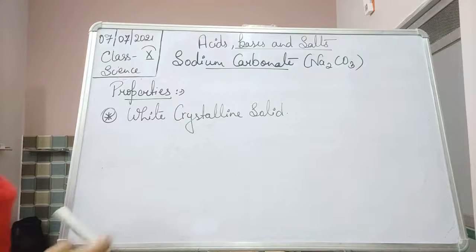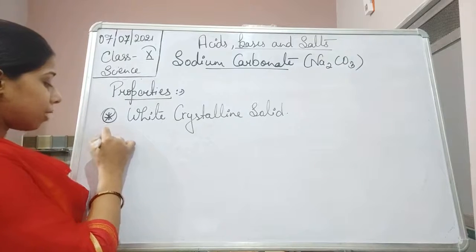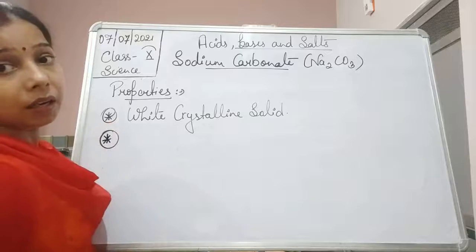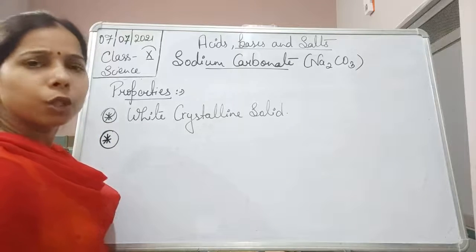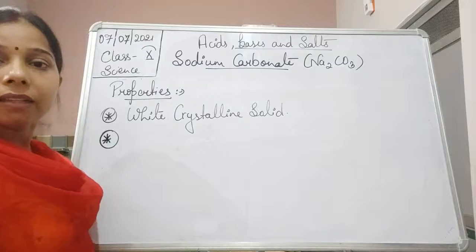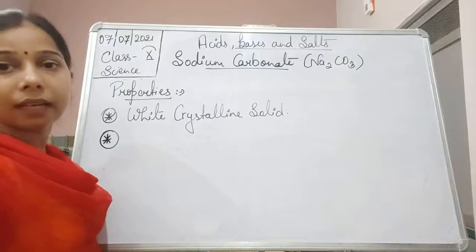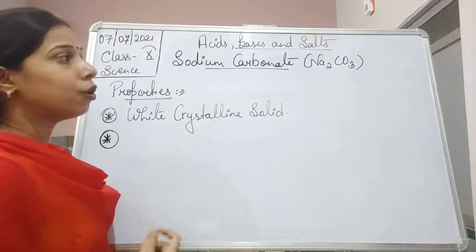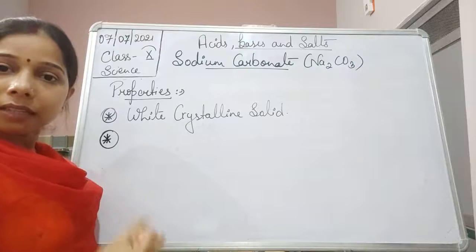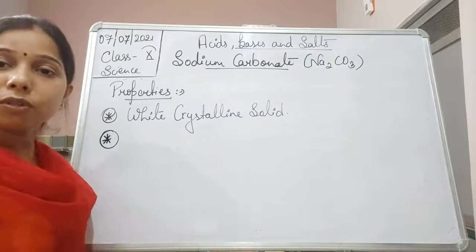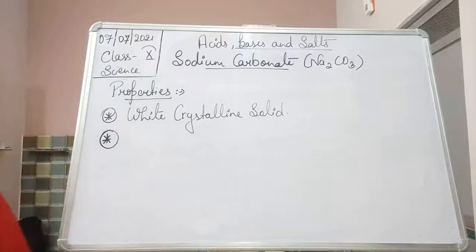Then it is readily soluble in water, and forms an alkaline solution. The solution formed is alkaline in nature. Sodium carbonate easily dissolves in water and forms a solution which is alkaline in nature.